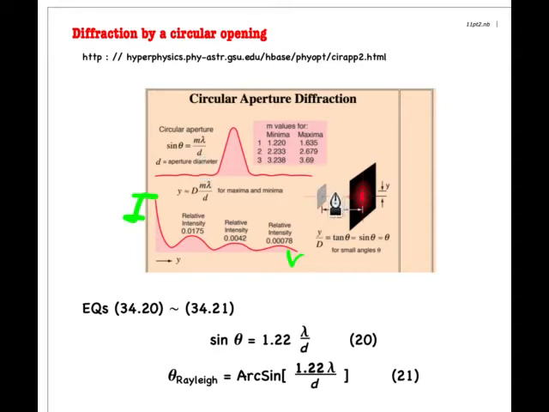So this circular opening has a diameter d. So this is expressed in terms of the diameter, not the radius. So d is the aperture diameter.